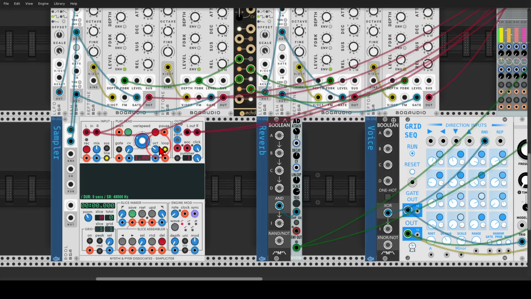So let's use the AND output to the recording CV input. Let's wait for it. Now it's recording, now it's stopped. Again recording. And I'm recording the first 2 voices, 1 and 2.